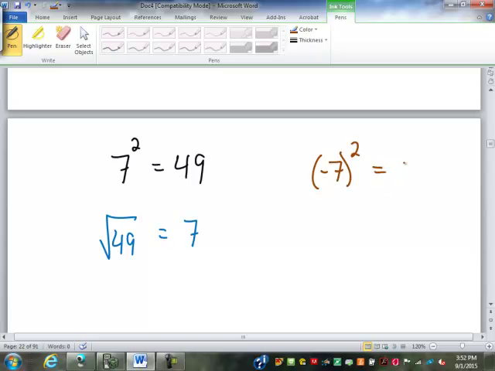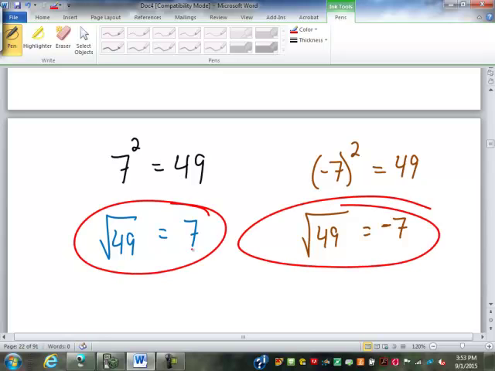What's negative 7 squared? Positive 49. Negative times negative is a positive. So then, according to that, the square root of 49 has to be negative 7. So which one is it? It's both. There are two answers.